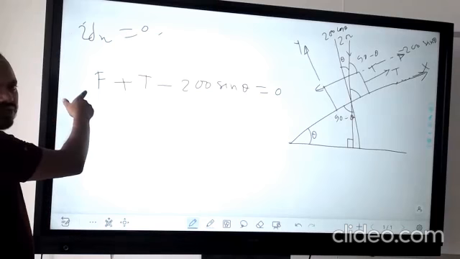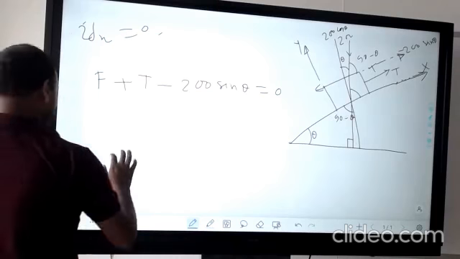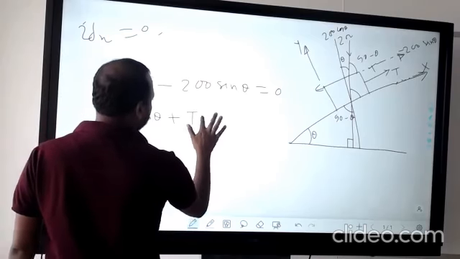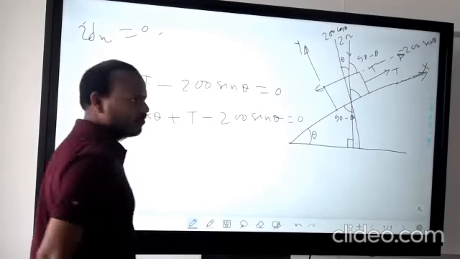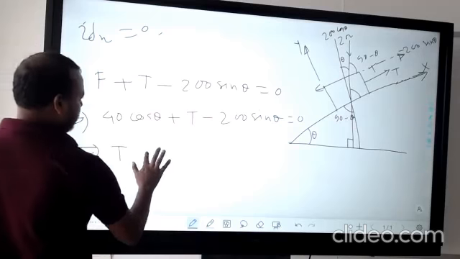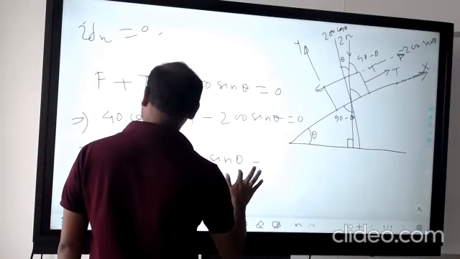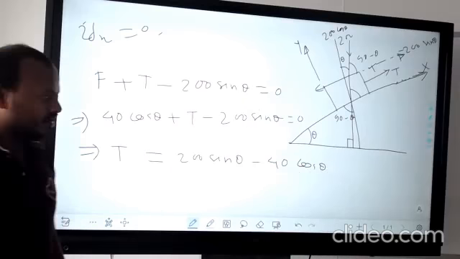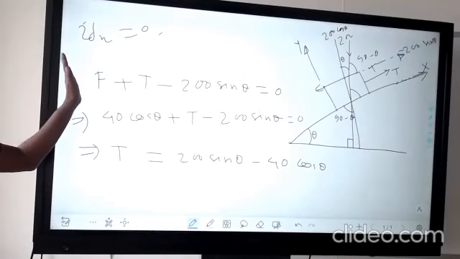F we have already calculated, that was 40 cos theta. So 40 cos theta plus T minus 200 sin theta is equal to 0. Okay. So now we replace T is equal to 200 sin theta minus 40 cos theta. From this free body diagram, we obtain T is equal to this and R is equal to this.